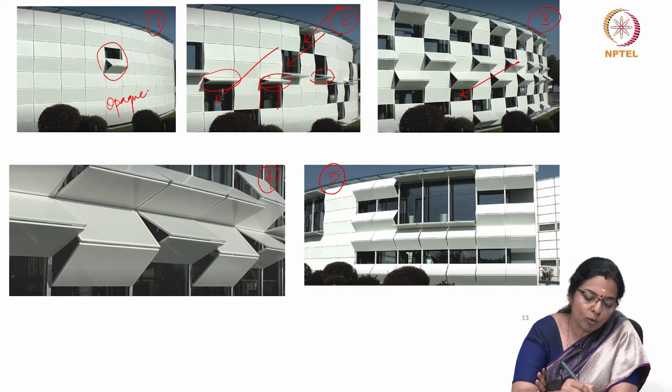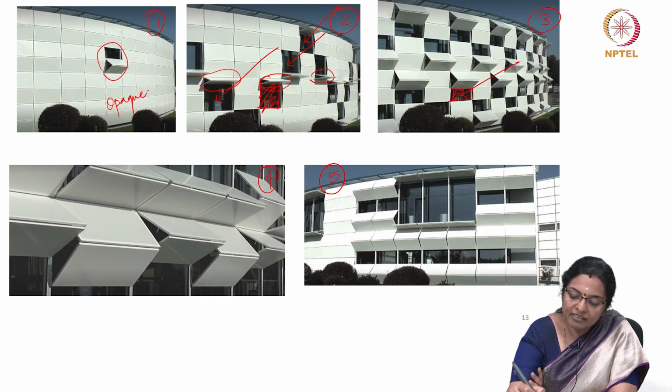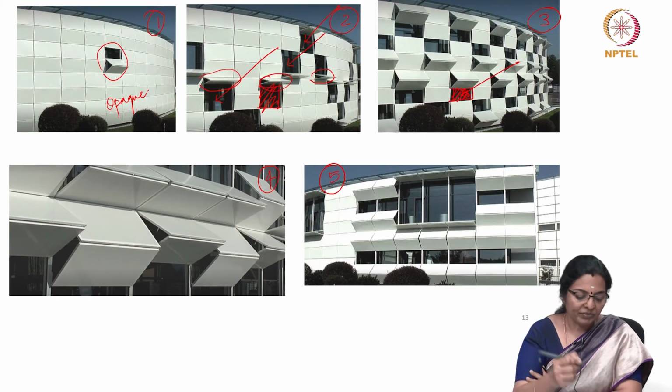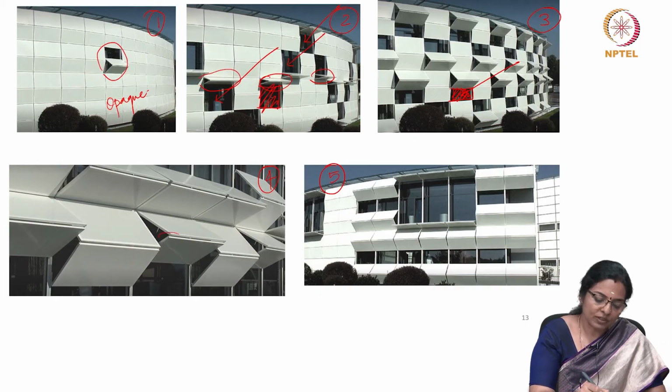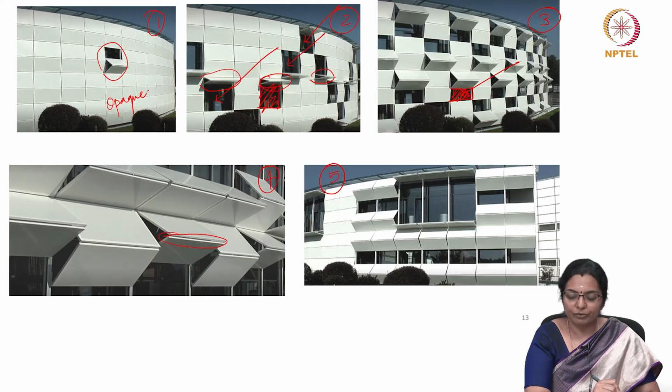Here you need more because the window size becomes large, and here the window size is less, and this happens because of the hinge here, which is electronically controlled as shown in figure 4.